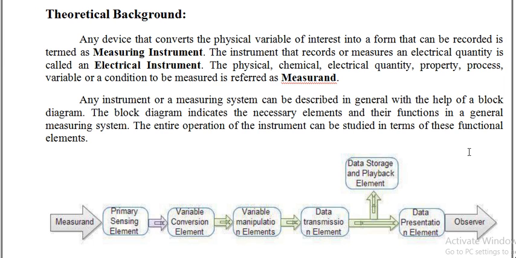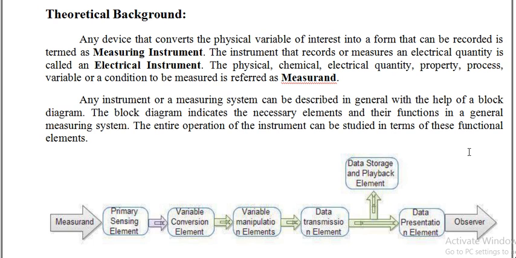And if what you have obtained in the variable conversion element has lower levels of energy, you have to amplify it. So amplification will be the next process, and that will be included in the variable manipulation element.